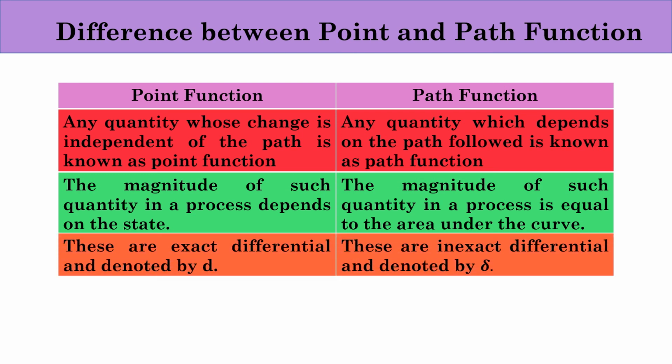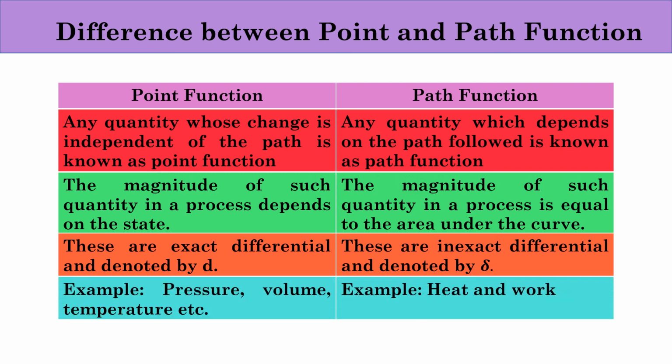Point functions are exact differentials and denoted by d, whereas path functions are inexact differentials and denoted by delta. Pressure, volume and temperature are some examples of point functions, whereas heat and work are examples of path functions.